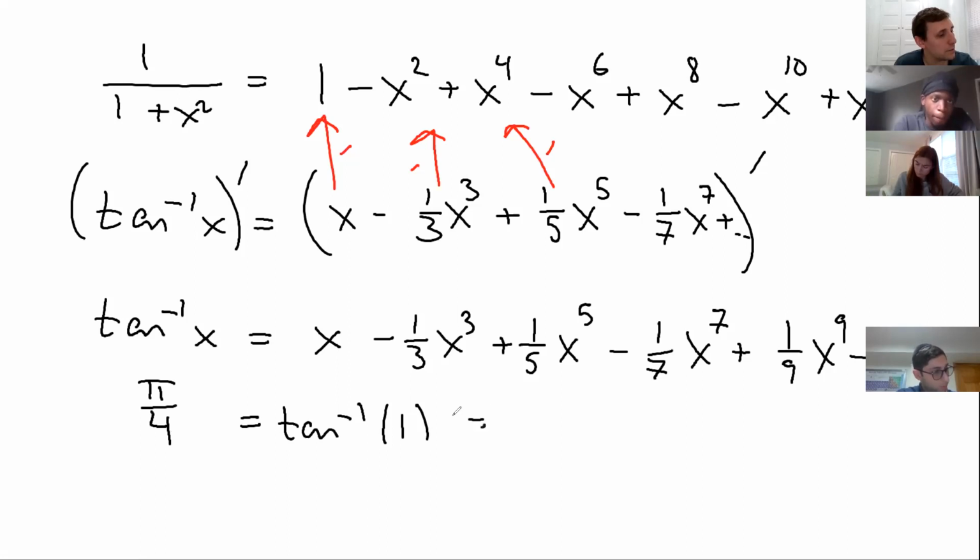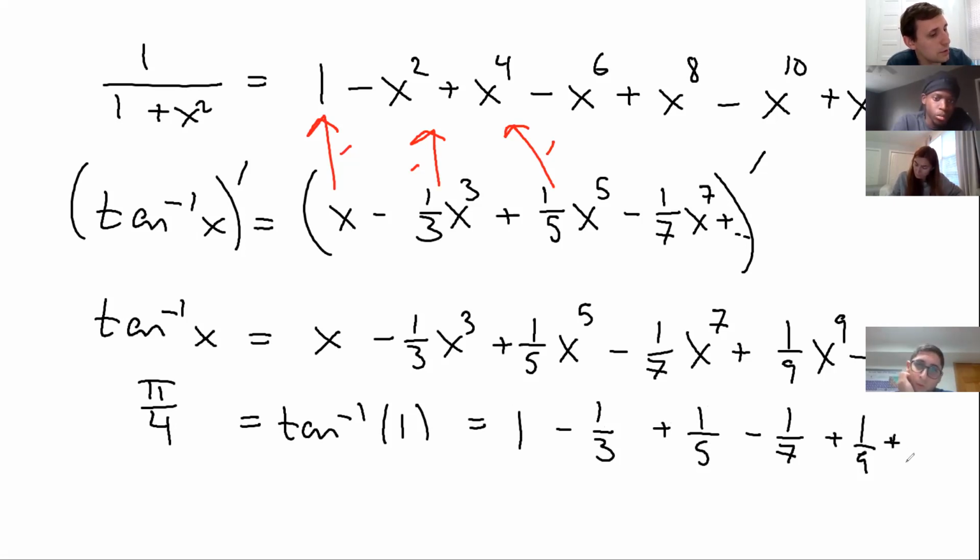On the other hand, tangent inverse of 1 is going to be what? It's going to be 1 minus 1/3 plus 1/5 minus 1/7 plus 1/9 and so on and so forth, right? So then what do I see now?